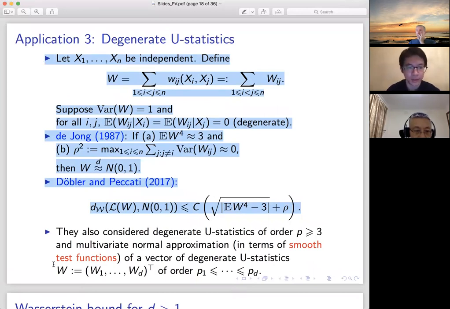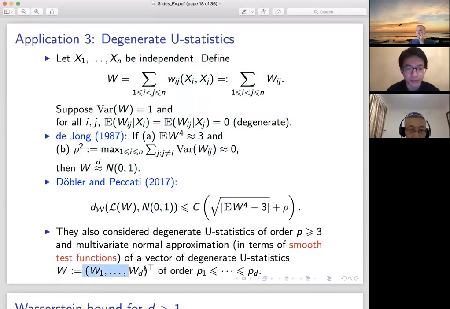So for example, we can consider W, now a D-dimensional vector, W1 to WD, each of them a degenerate U-statistic of possibly different order, P1 up to PD. So it's of interest to obtain a similar Wasserstein bound between this vector and the multivariate Gaussian vector.